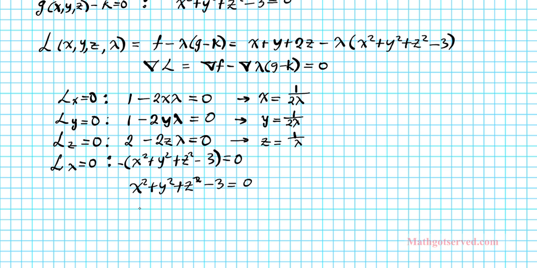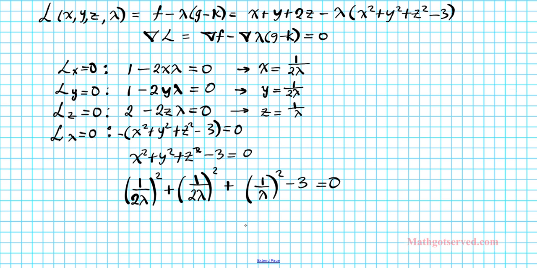We're going to have (1 over 2 lambda) squared when we substitute the value of x into this last equation. Same story for y, (1 over 2 lambda) squared. Z is 1 over lambda, so (1 over lambda) squared minus 3 equals 0. Okay, so let's go ahead and work this out.